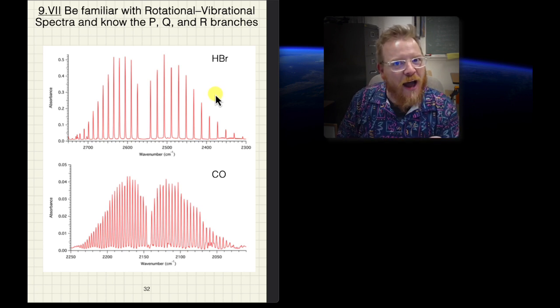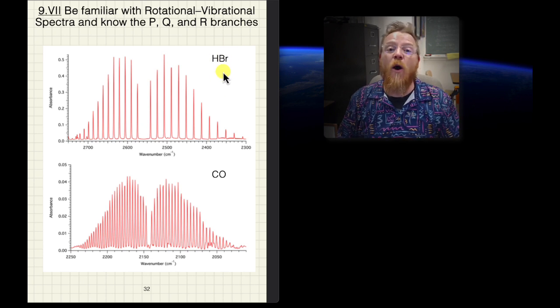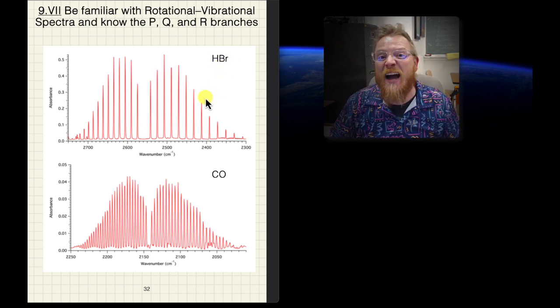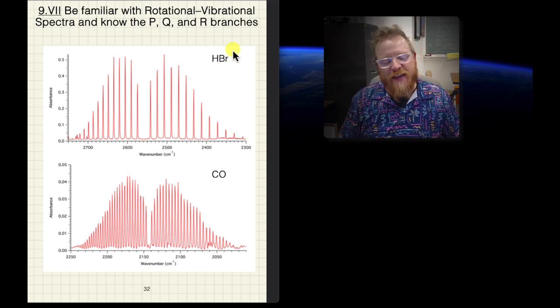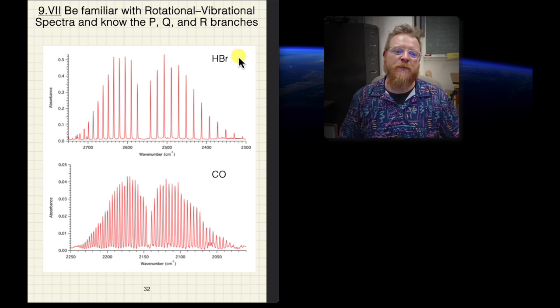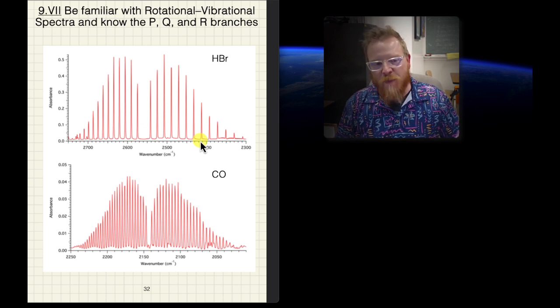The H35 and the H37 showed an even smaller difference. And now bromine has isotopes at 79 and 81, so we don't see their isotopes resolved as much.